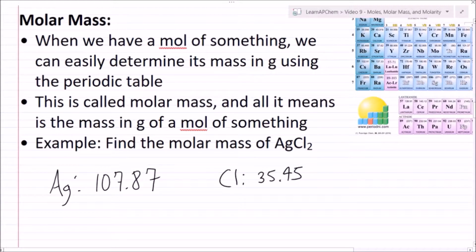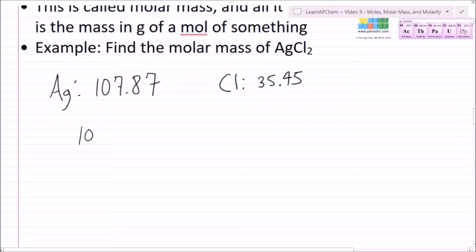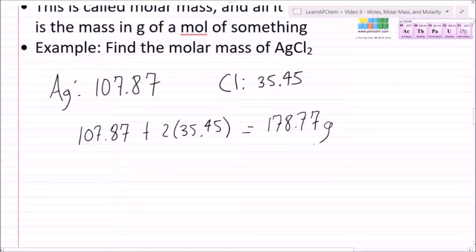So if I wanted to find the molar mass of AgCl2, I would just do 107.87 plus 2 times 35.45. And if we work this out, this is going to come out to 178.77 grams.